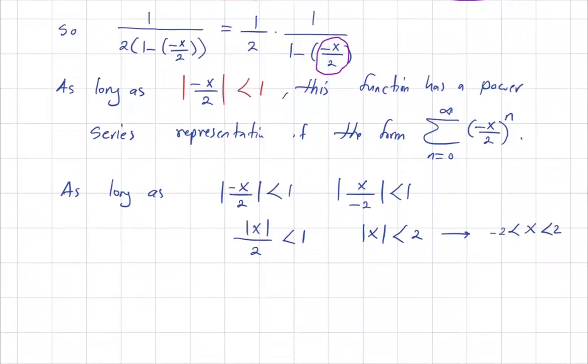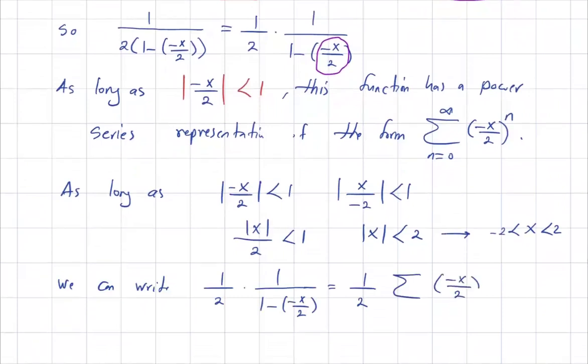As long as x is bounded between negative 2 and 2, we can write 1 divided by 2 times 1 over 1 minus negative x over 2 as, so I'm going to copy this coefficient, a half times the summation of negative x divided by 2 to power n, starting from 0 to infinity.